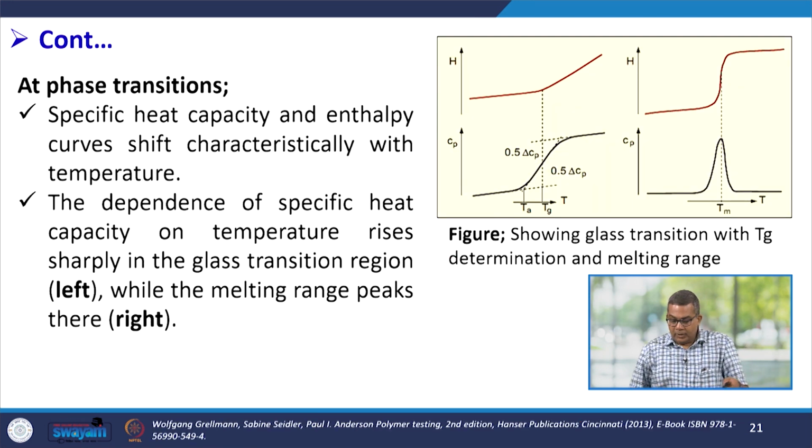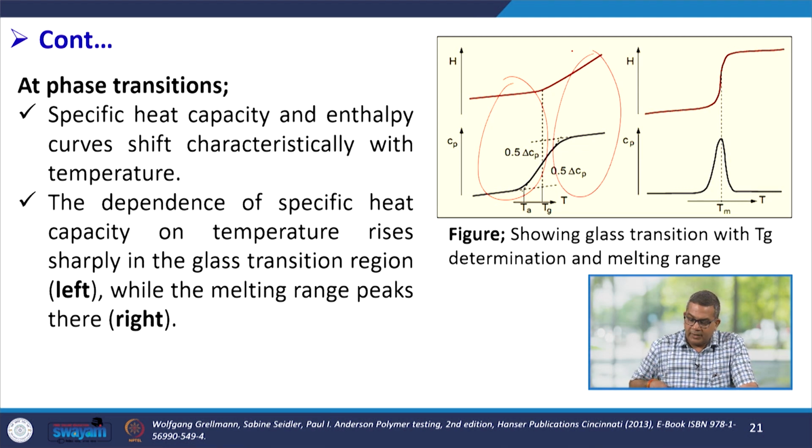Now, if we talk about the phase transition, the specific heat capacity and the enthalpy curves shift characteristically with the temperature, and the dependence of specific heat capacity on temperature rises sharply in a glass transition zone, that is on the left, while the melting range peak is there, that is on the right.